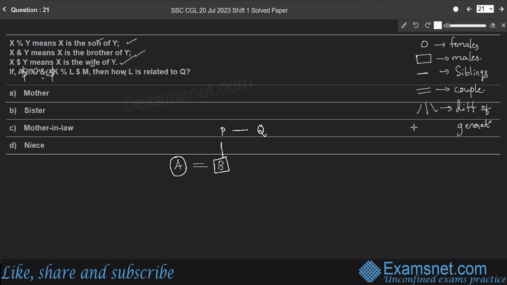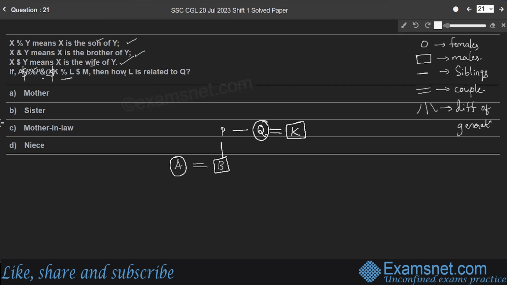Then Q dollar K. The dollar symbol means the first person is the wife of the second person. Therefore, Q and K are a married couple, and Q is the wife of K. Q is female, K is male. Then K percentage L. Percentage means the first person is the son of the second person.